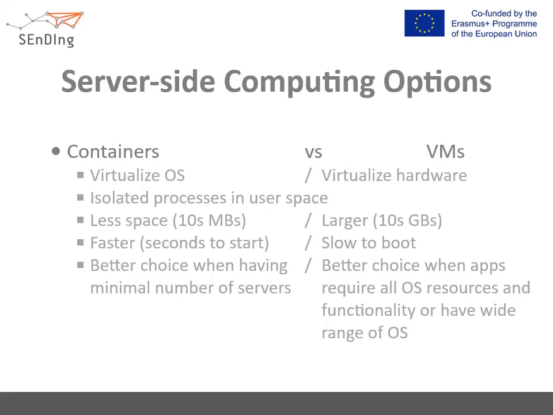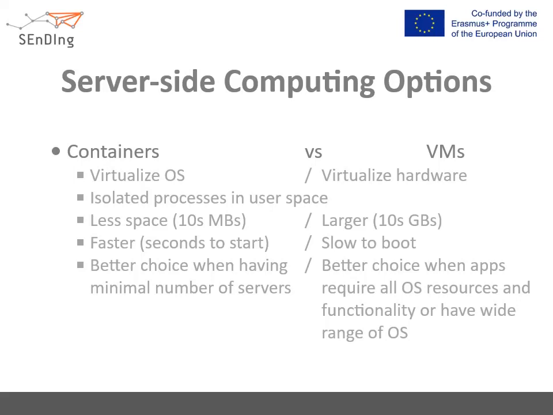Multiple containers can run on the same machine and share the operating system kernel with other containers, each running as isolated processes in user space. Containers take up less space than virtual machines. Container images are typically tens of megabytes in size and take just seconds to start, can handle more applications and require fewer virtual machines and operating systems.